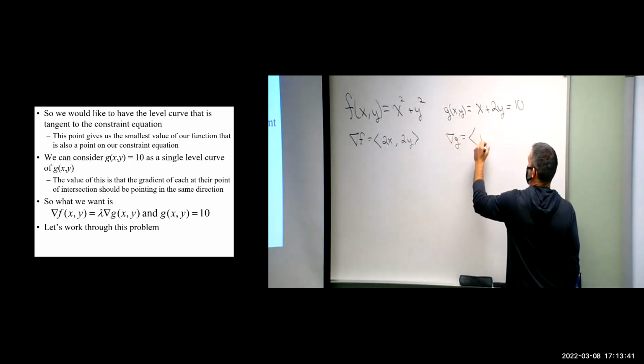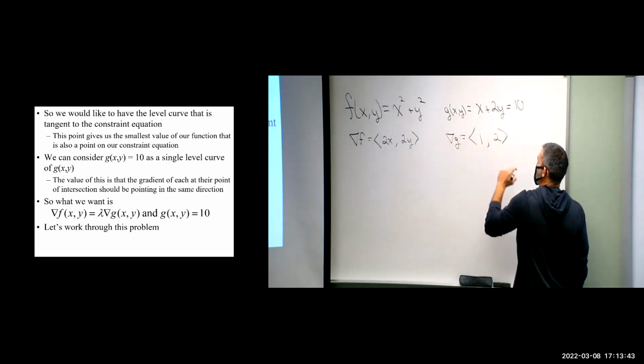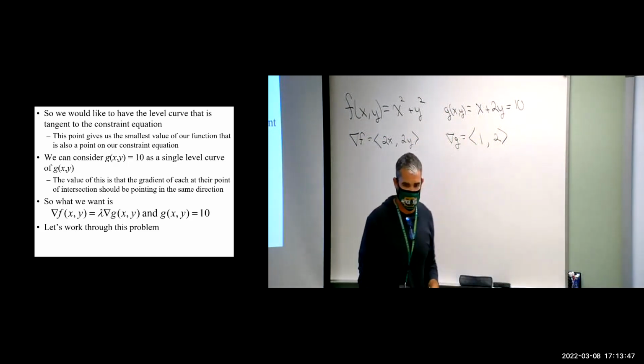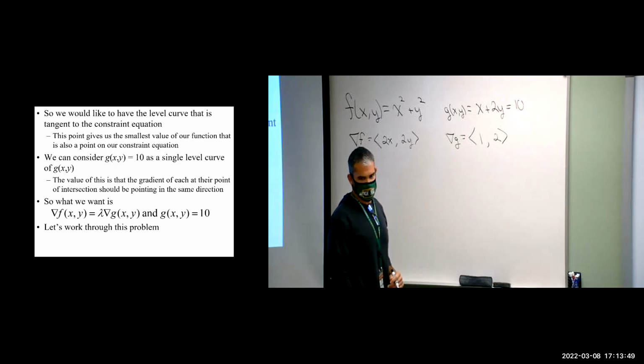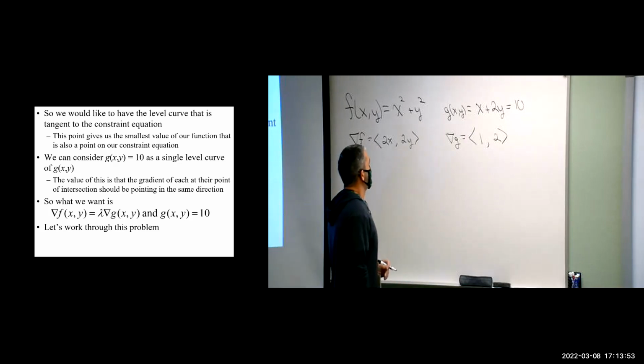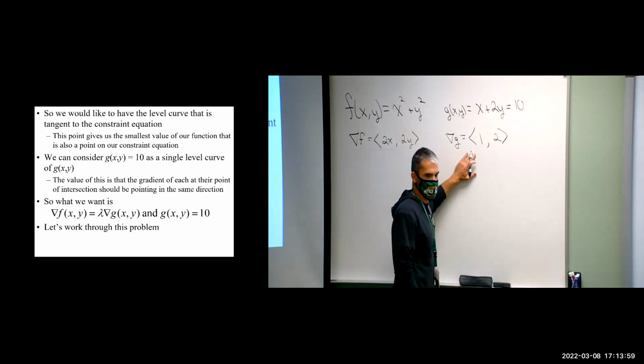well, 1, 2. Now that won't always happen. You know, that just happened in this particular case. There won't always be constants on one side or the other, so on and so forth. But now what we do is we set the components of the gradient of f equal to lambda times the component of g.